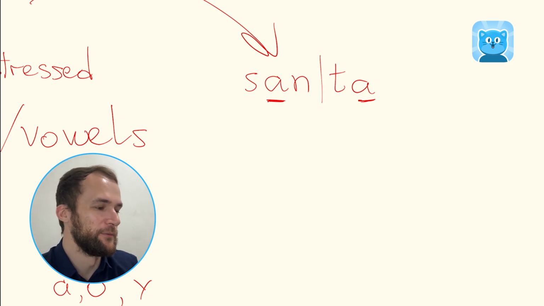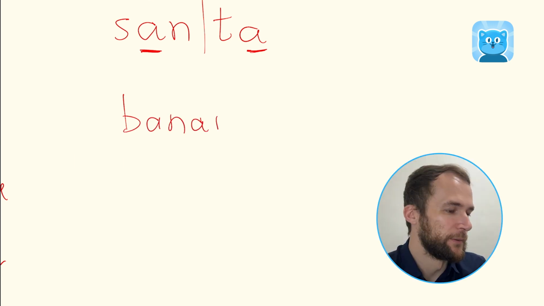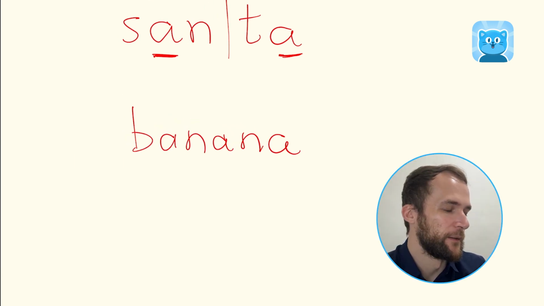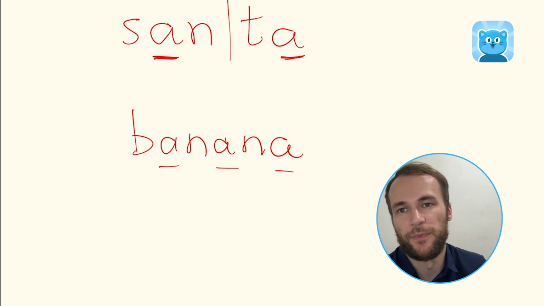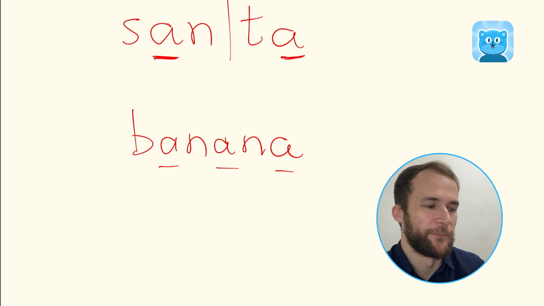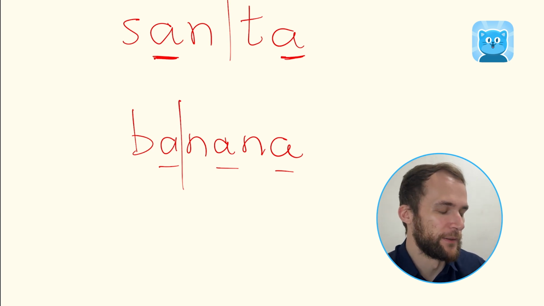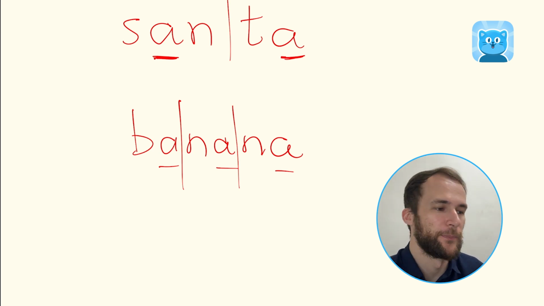Okay, so if we take, for example, the word banana, you have 1, 2, 3 vowel sounds, which means that there are 3 syllables. So ba is the first syllable, na is the second syllable, and na is the third syllable. So those are syllables. Okay.